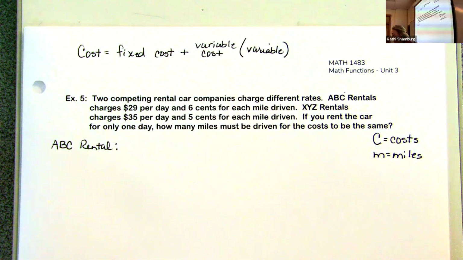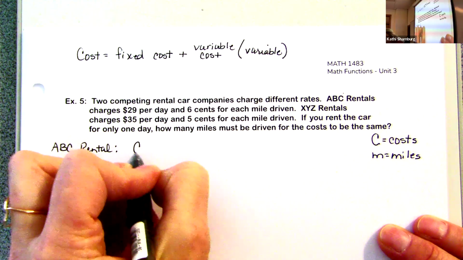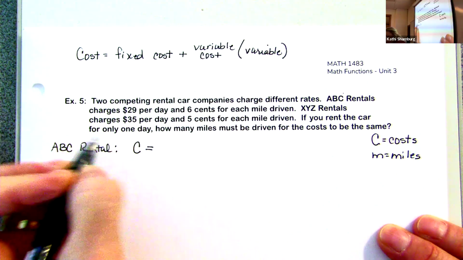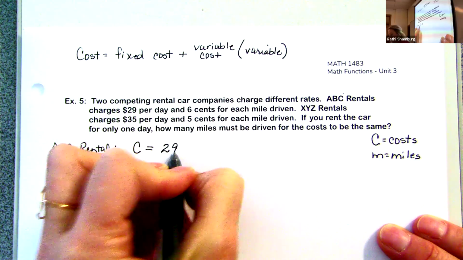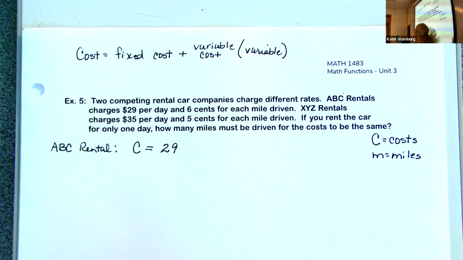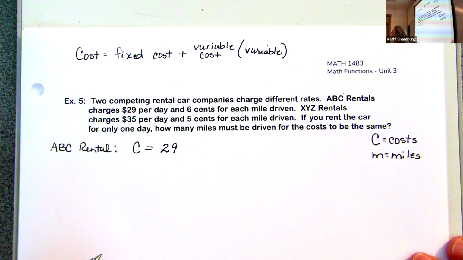Okay, so ABC Rental, we're looking for the cost, which is C. You told me the fixed cost is $29. So how would I write the rest of that equation to show variable cost times variable? What fluctuates? What is my variable cost with ABC Rental? 6 cents per mile.